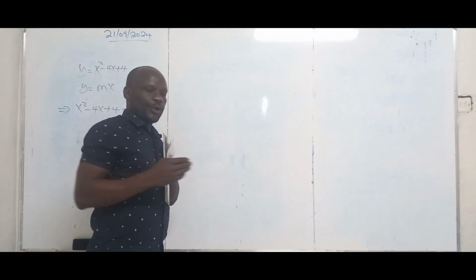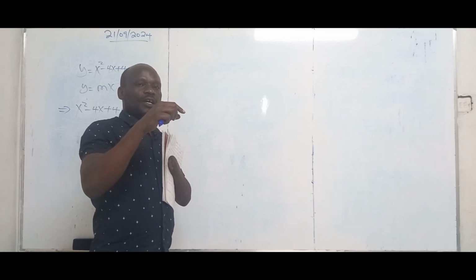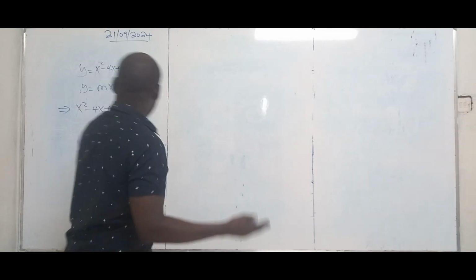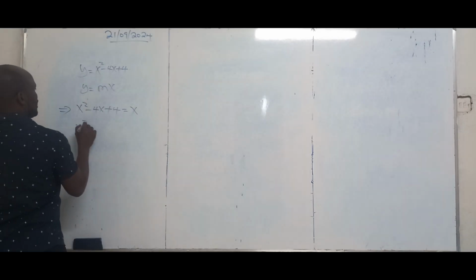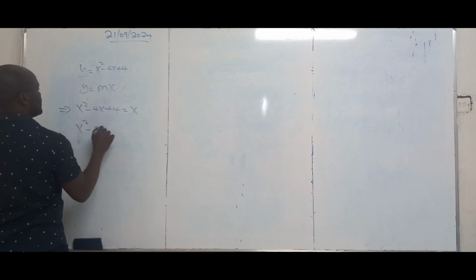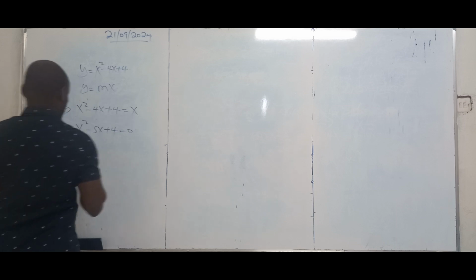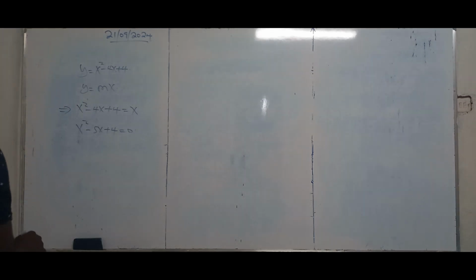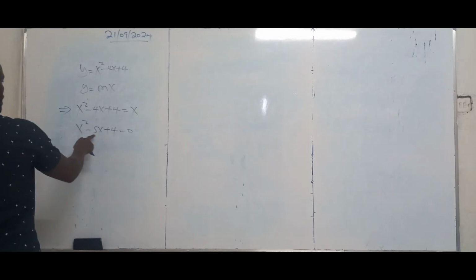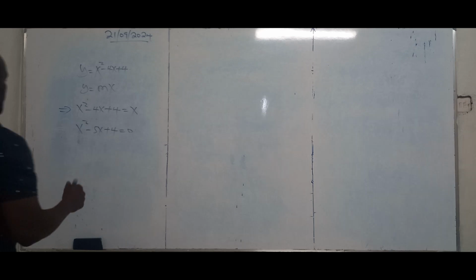So we equate them, because at the points of intersection, the values of x and y are common. This will give me x squared minus 5x plus 4 is equal to 0. I'm looking for two values whose product is 4 and sum is -5. So that has to be -1 and -4.